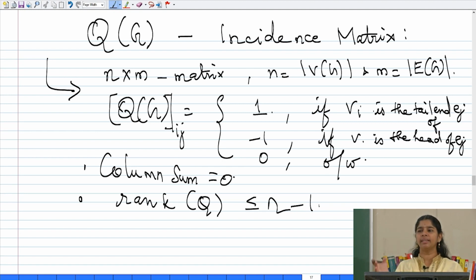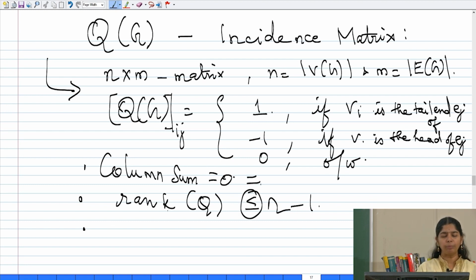So how do we show the other bound, being greater than or equal to? We have to do a little bit of work inside this. The claim is that this is in fact equal, and how do we prove this? Let me take a vector x coming from my Rn.